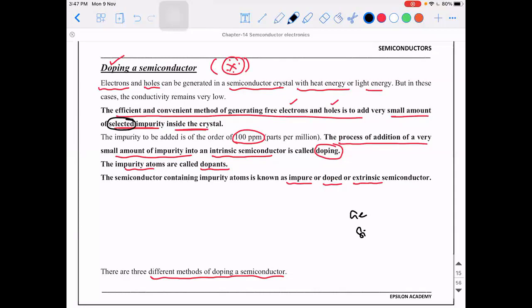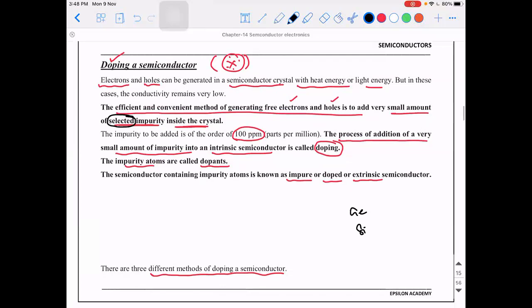But why are we doing this doping process? To generate excess electrons or holes, right? So when I say its valency is 4, let's think logically. If I need excess electrons, what kind of an element is supposed to be added to this pure germanium so that you have excess electrons?